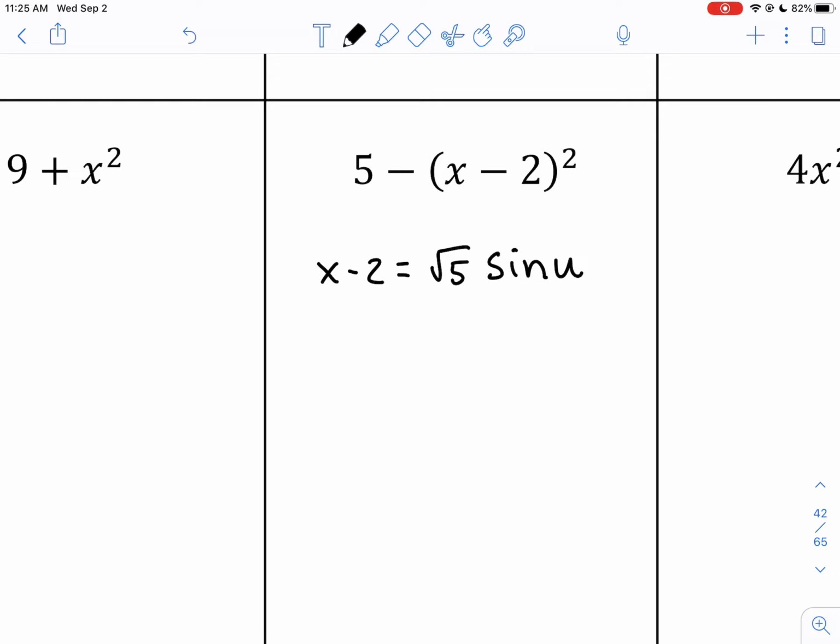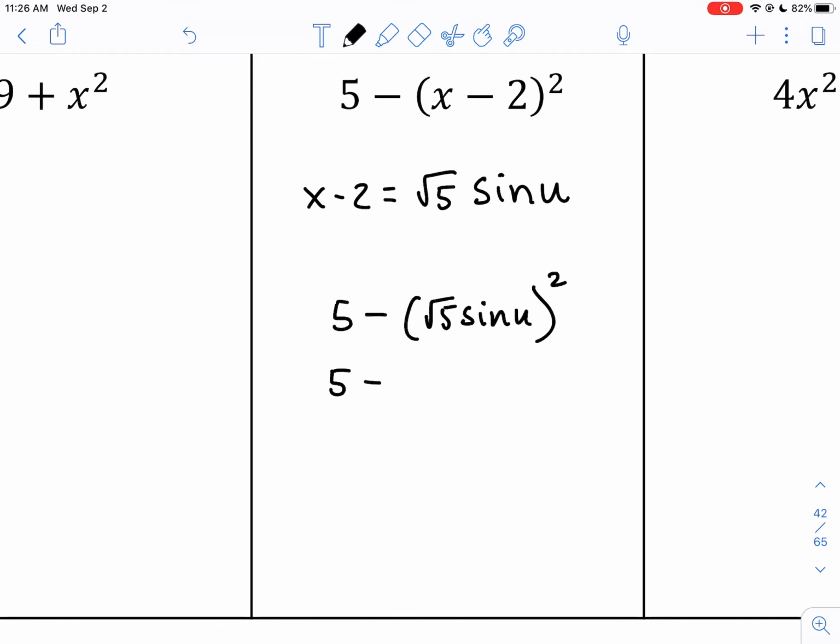Now I'm going to actually do this substitution, right? I'm going to change this x minus 2 into this radical 5 sine u to show you how the Pythagorean theorem gets used. So we wind up getting 5 minus, but instead of x minus 2, I'm having a radical 5 sine u, and that's being squared. Well, this just winds up being 5 minus, and when you square the radical 5, you get back to 5, and then you square the sine, you get sine squared.